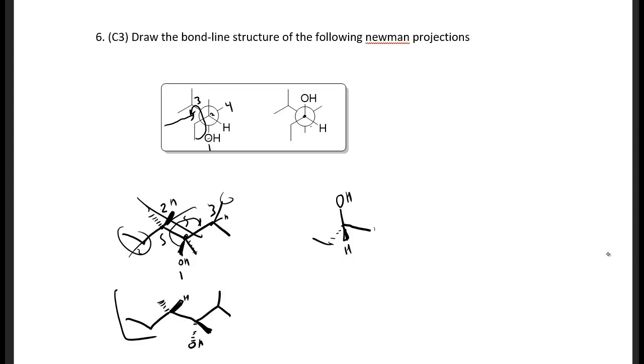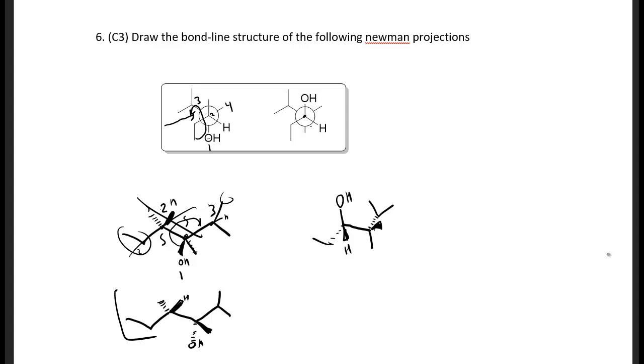On the back carbon, we have a methyl group facing straight down, and we have an isopropyl group in the back, and we have a methyl group in the front. So there's my methyl group in the front.